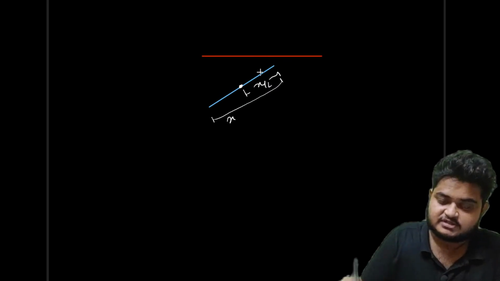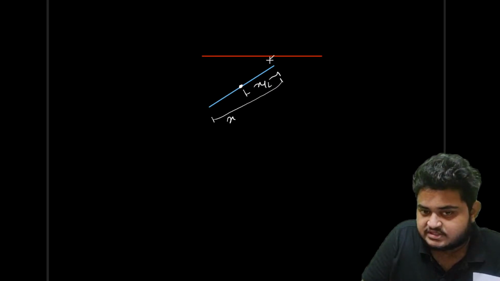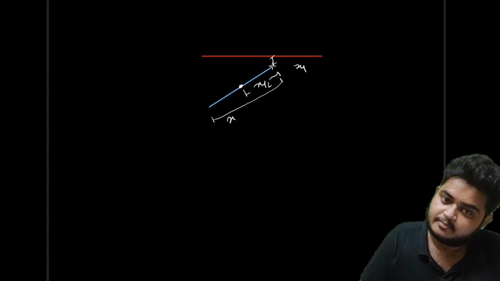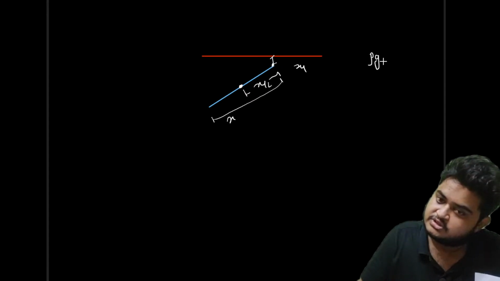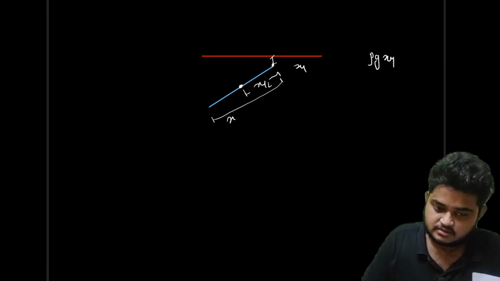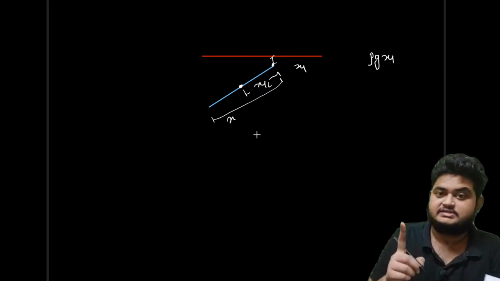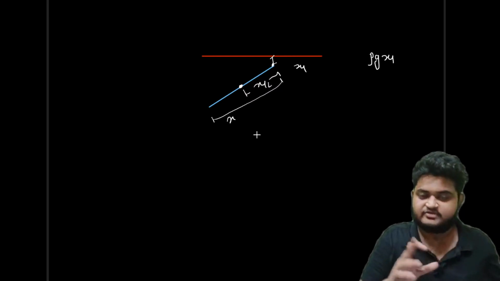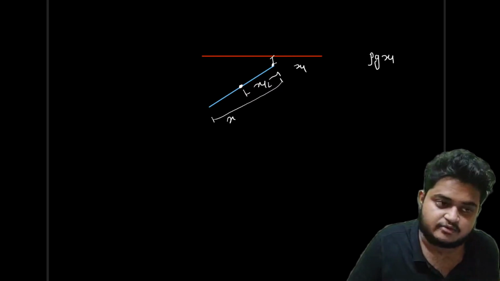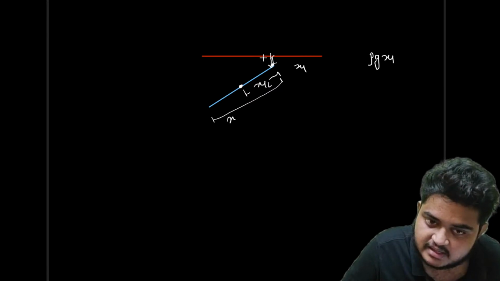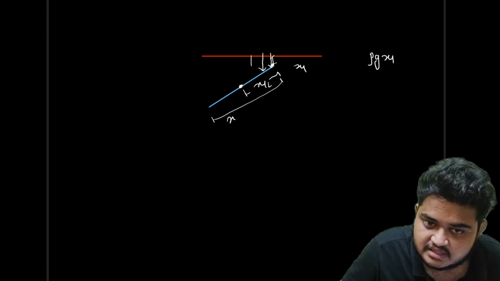The first thing, if this distance is x1, what will be the pressure at that point? It will be rho g x1, and obviously as the fluid is in static condition, shear stress cannot come in this fluid, and for that reason the force will never act like that.